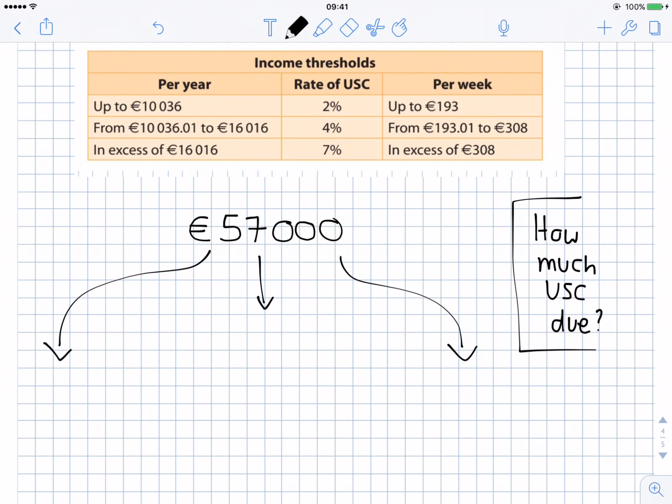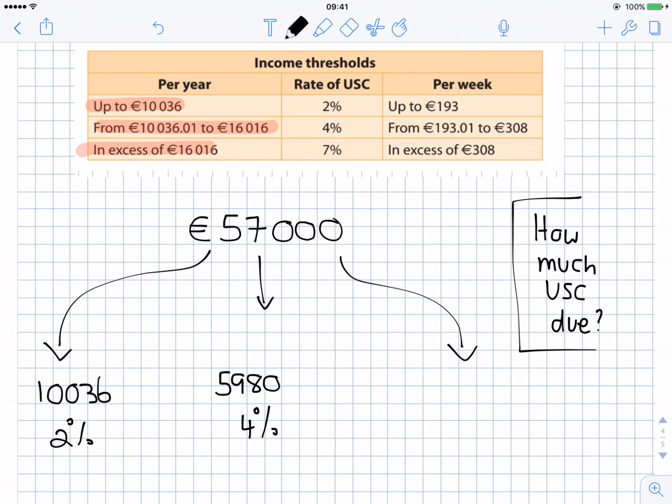So her €57,000, we go up to 10,036, and that'll be at 2%. And now everything between 10,036 and 16,016 gets charged at 4%. So that's going to be €5,980. And then everything above 16,000.